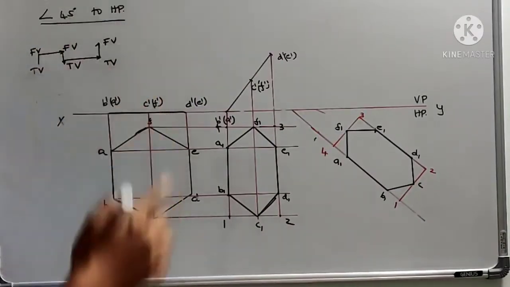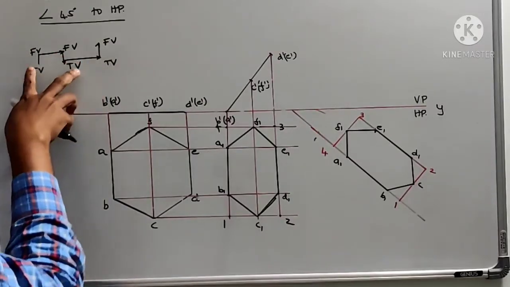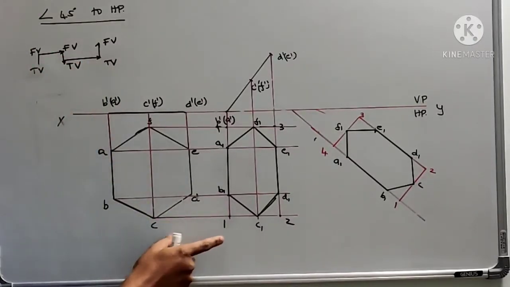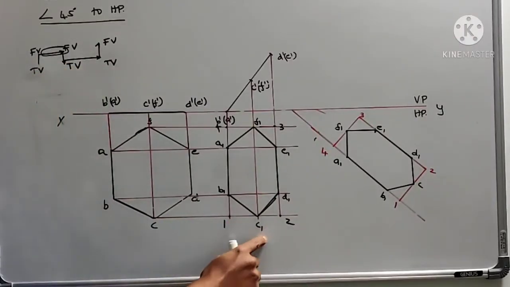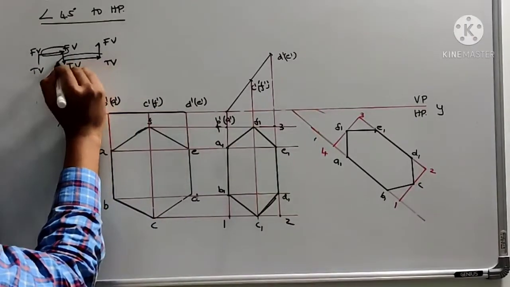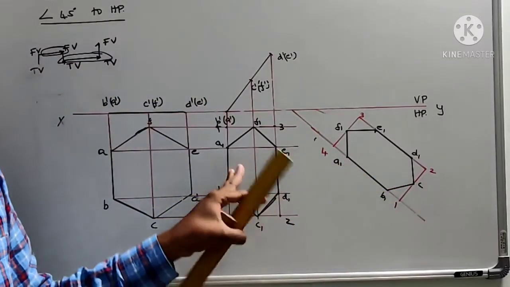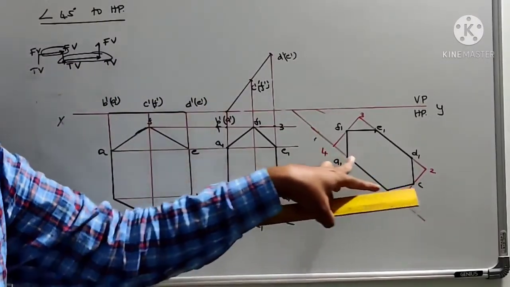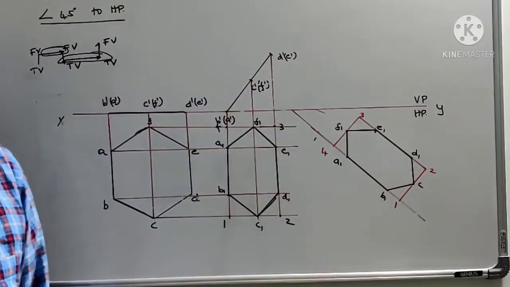So this is the sequence it's going, and this is how you are establishing the link. Between the simple position and the first position, the link is the front view. And between the second position and the final position, the link is the top view. So that's how the link is established. Here the shape as well as the size is not changing, only the orientation is changing.